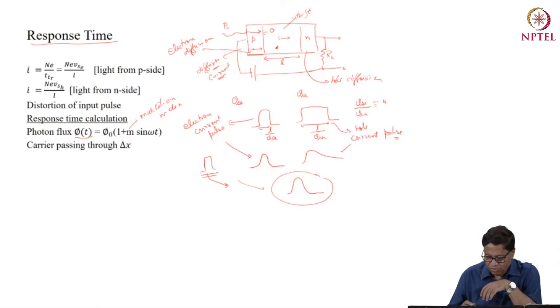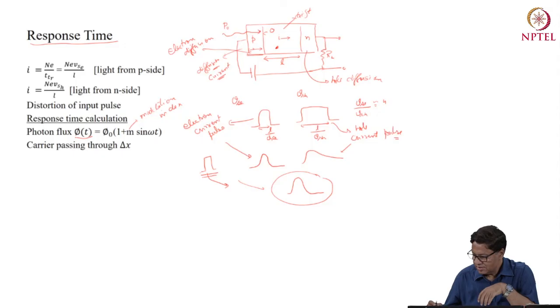Now let us try to understand. Let me break this photodiode into a smaller structure, which is something like this. The width is this, and let me take a slice here, which I call delta x.